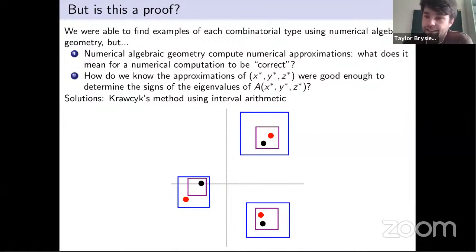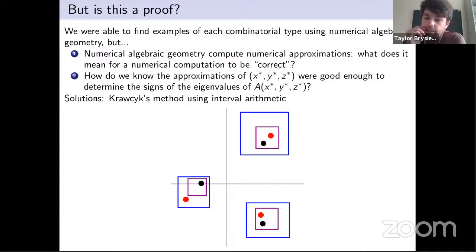And so what you get at the end is a certificate, which is a bounding box in each of the coordinates for its real value and its complex value, where you can be guaranteed that you have exactly one true solution in that box. And this is a mathematical proof. It is a certificate.